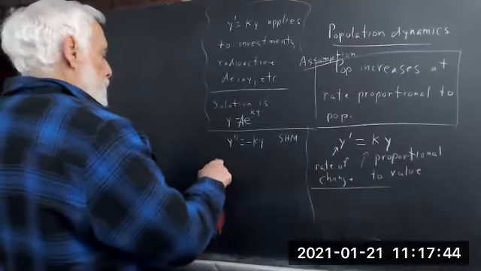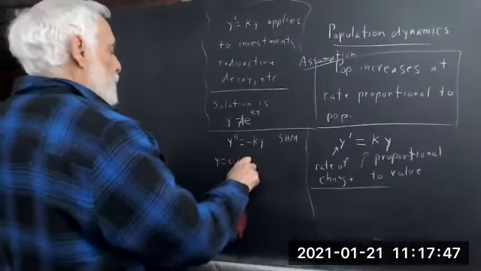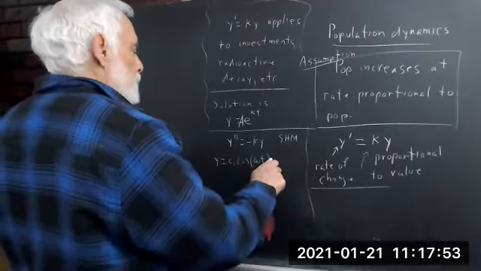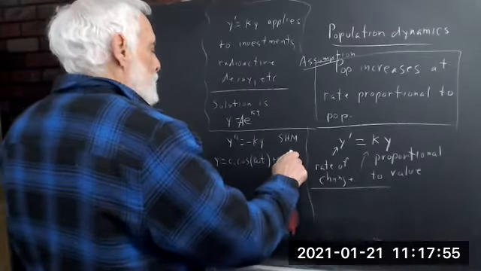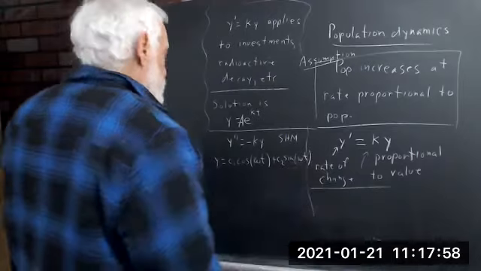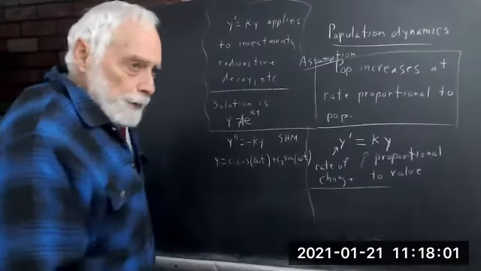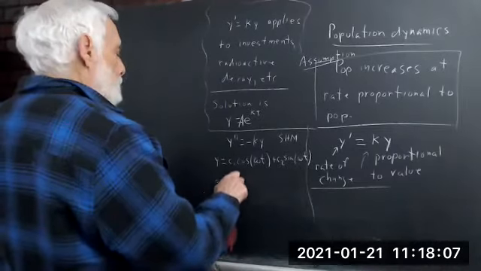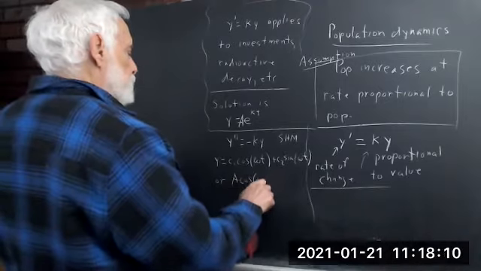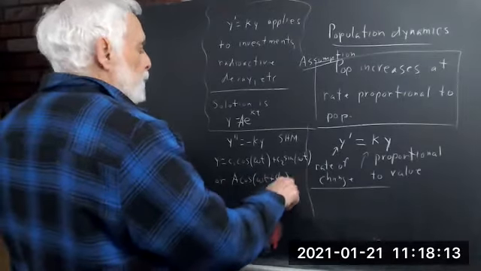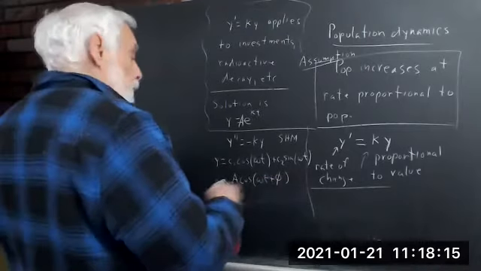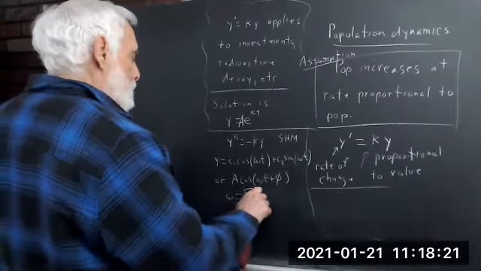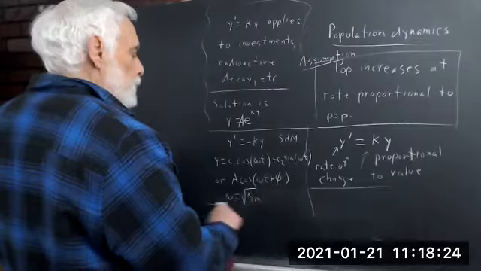And you get C1 cosine of omega t plus C2 sine of omega t, or A cosine of omega t plus phi, and you've got to do a little trigonometry to get from this to this, for omega is the square root of k over m.